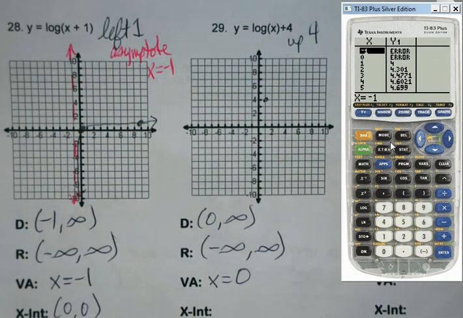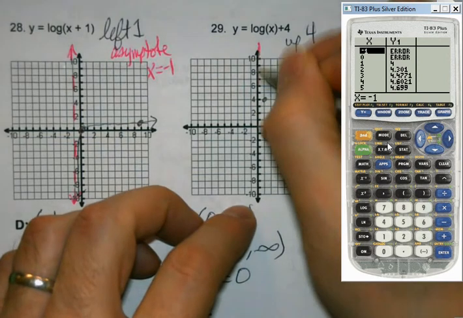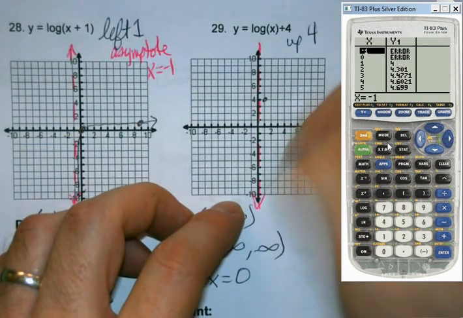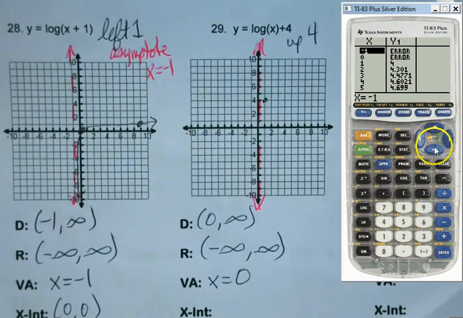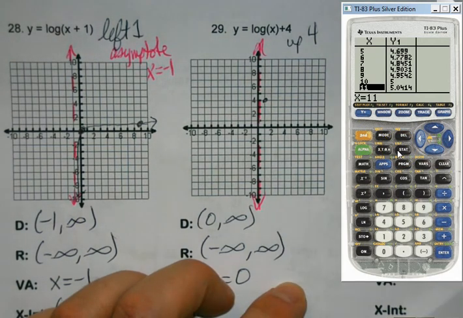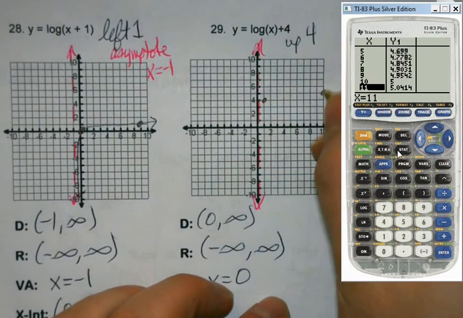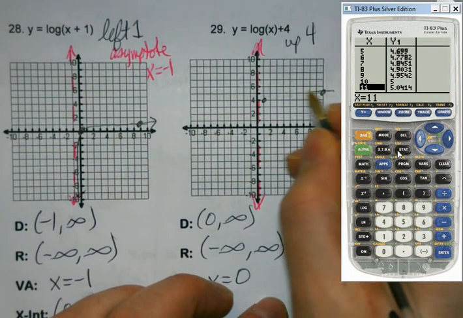I know my asymptote is at 0, so we're not going to cross 0. Okay, and I see that the value at 10 is going to be 5, to give me a little more accuracy here.